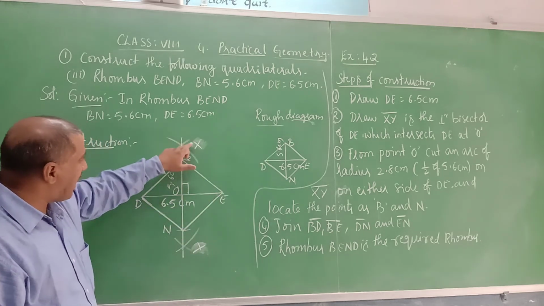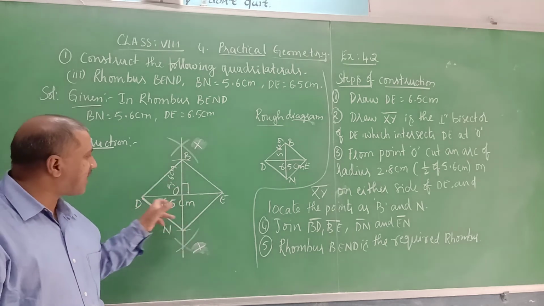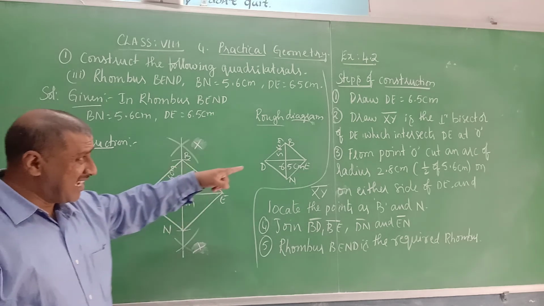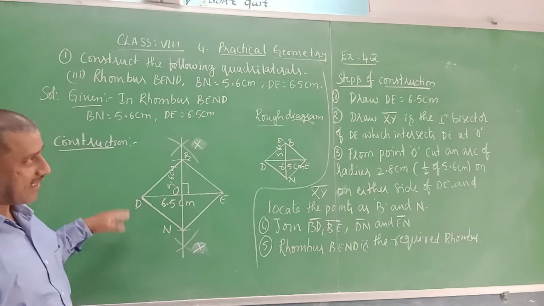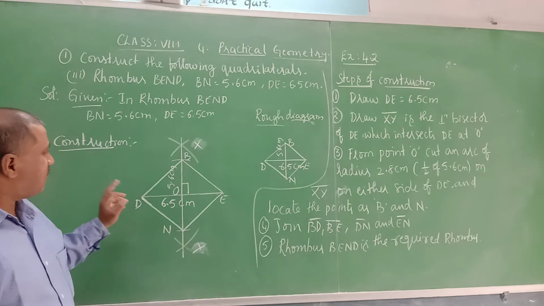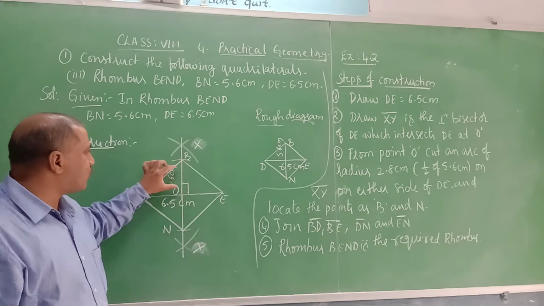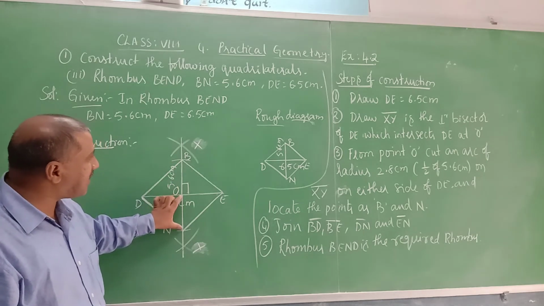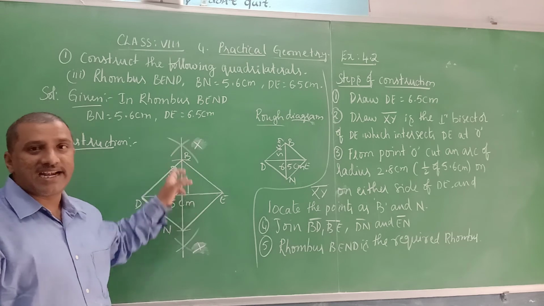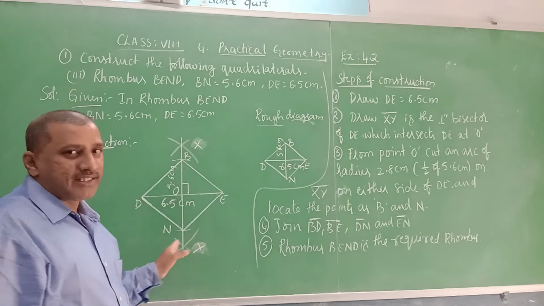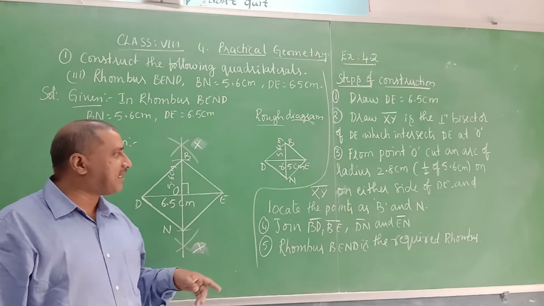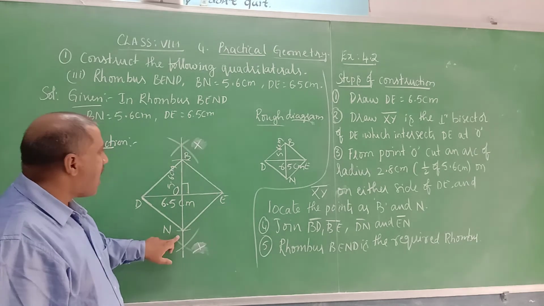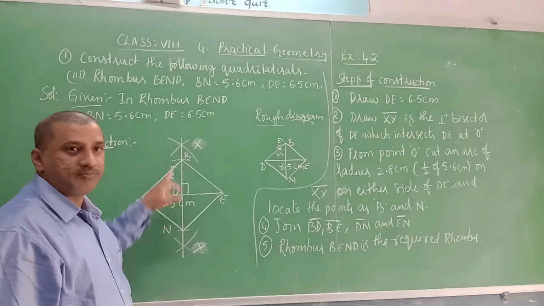Second step, draw XY, the perpendicular bisector of DE, which intersects DE at a point called O. Third step, from point O, cut an arc of radius 2.8 centimeters, which is half of the length of the second diagonal, 5.6 centimeters, on either side of DE, one above and one below, and locate those points as B and N.